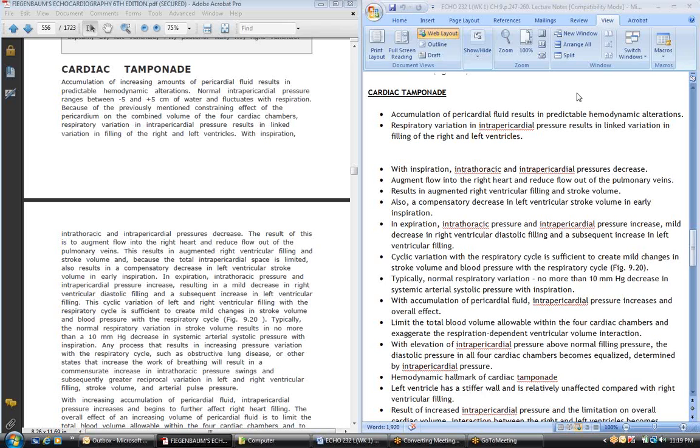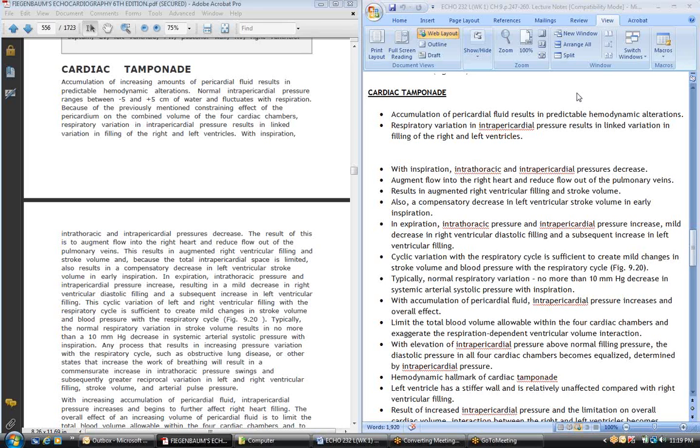And with expiration on the mitral valve, you have an increase in left ventricular filling. So the right side goes up with inspiration, down with expiration. The left side goes down with inspiration and up with expiration.